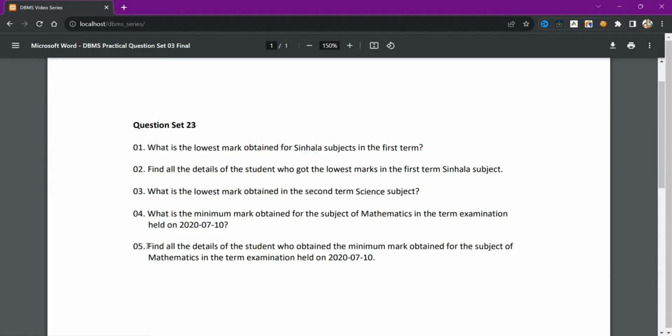If we come to the fifth question, they have told us to find all the details of the student who obtained the minimum mark for the subject of mathematics in the term examination held on 2027-10. So this question is same as the second question.